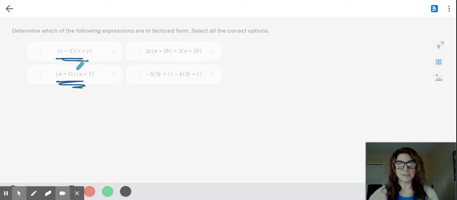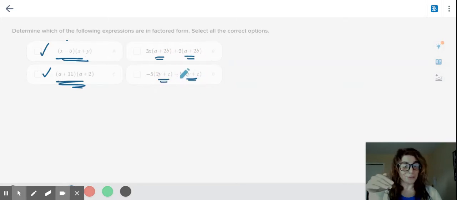I'm not going to say always, because you do want to check x minus 5, nothing in common, x plus y, nothing in common. Same thing here, a plus 11, nothing in common, a plus 2, nothing in common. So it's definitely these two. When I look at the other two, they both have this second set of parentheses that are identical. So that means I can actually factor them further.